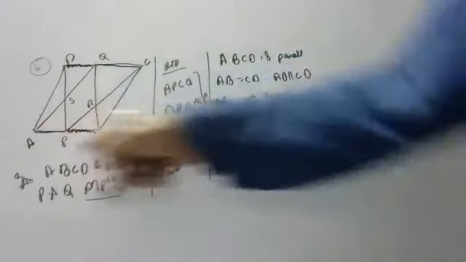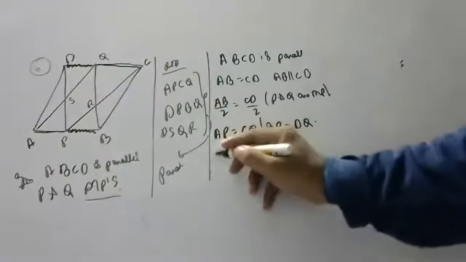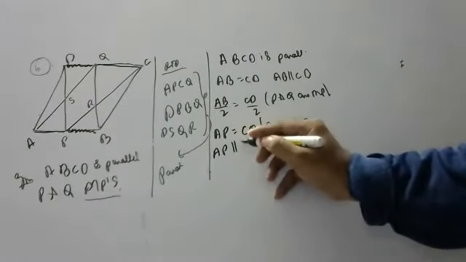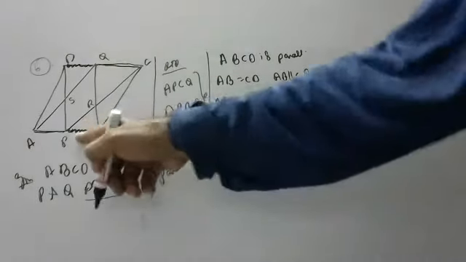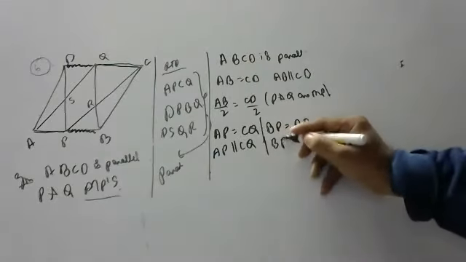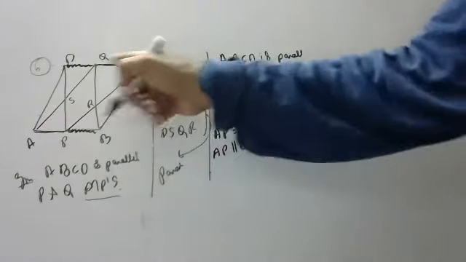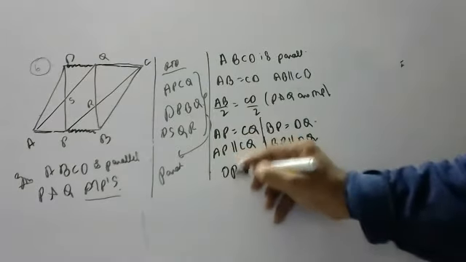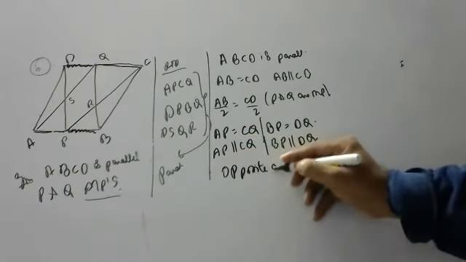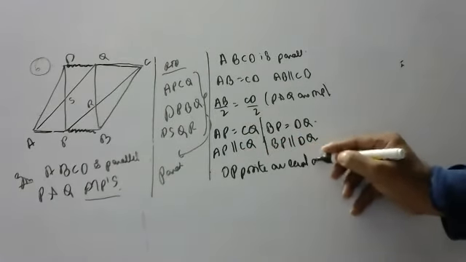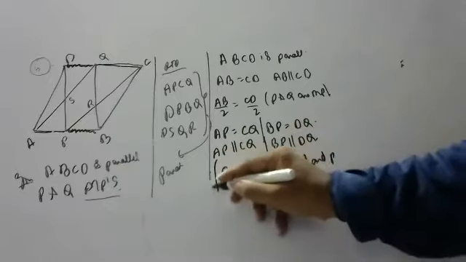Children, this whole thing is parallel, means the small things are also parallel. So AP is parallel to CQ. In the same way, BP is parallel to DQ. Now, opposite sides are equal and parallel. So here, what can I claim?